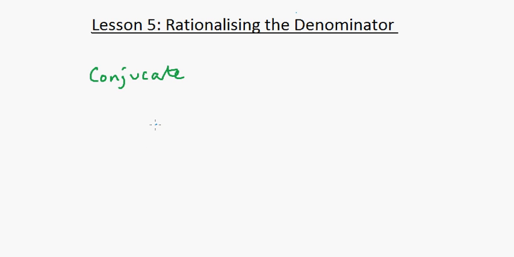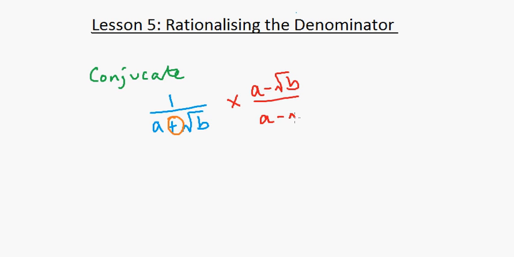So say you're given 1 over a plus root b, and you're trying to rationalize it. The conjugate will always be the opposite. You always change the sign. So the conjugate will be a minus root b over a minus root b.